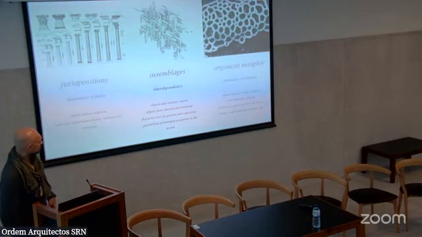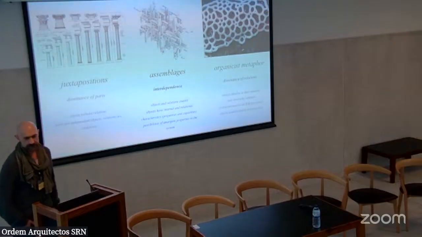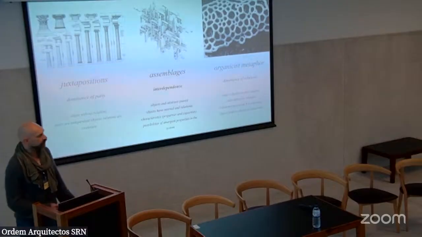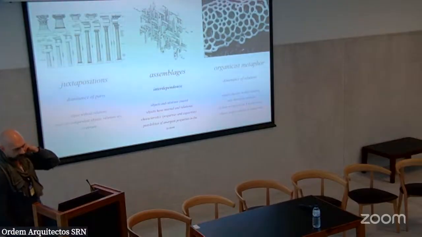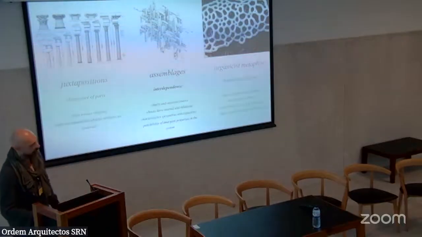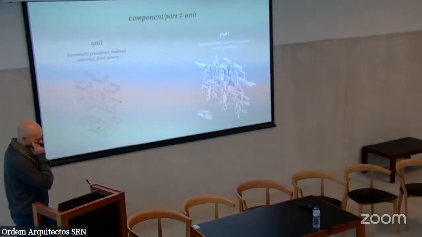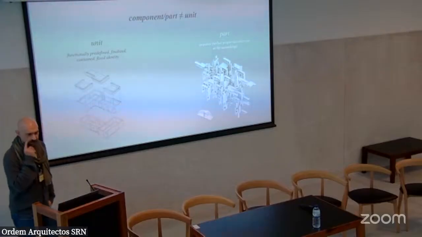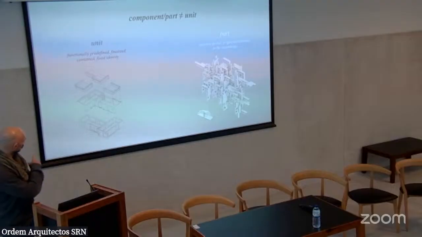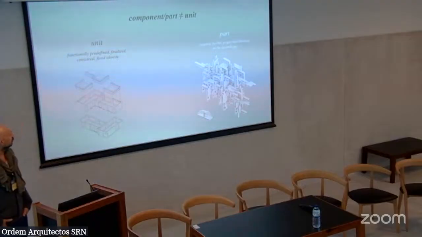So the same happens with the parts in an assemblage. A part has properties or an individual identity, but then it can acquire different identities according to how it is used in an assemblage. And I'm talking about parts as opposed to units because they are two different things. A unit is something that is functionally predefined.